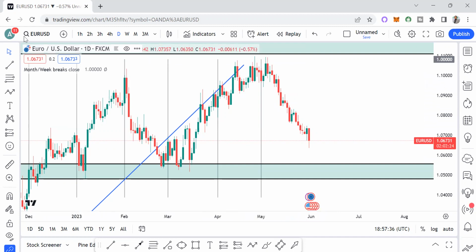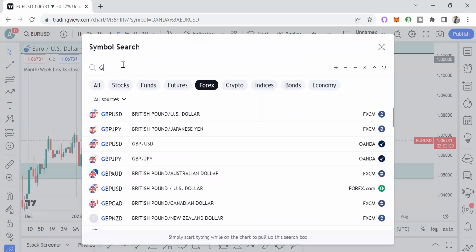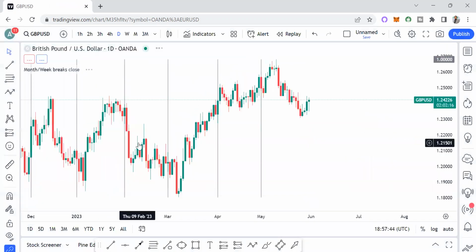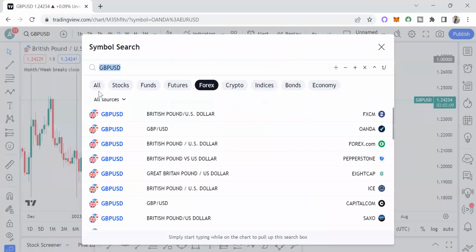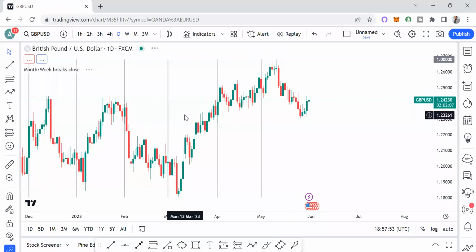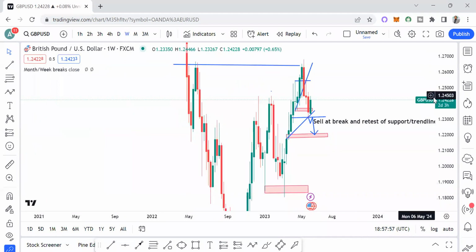Let's quickly check the GBP USD chart. I'm trying to look for the one that has my zone drawn. Okay, let me go to the weekly chart.